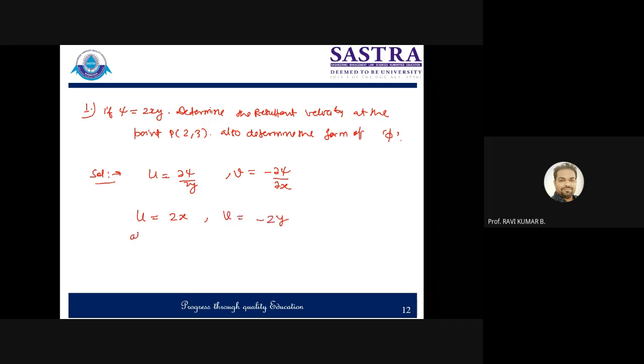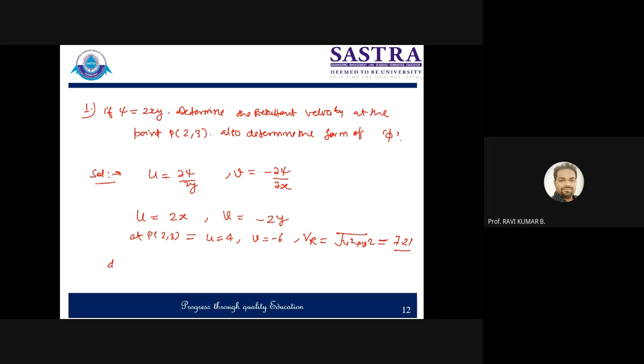So at point (2, 3), we can find u is equal to 4 and v is equal to minus 6. So the resultant velocity is equal to the square root of u squared plus v squared. You can get the first answer, 7 point something, it will be 7.21. Just leave it over here. So this is over. Next, we need to find out the form of phi.